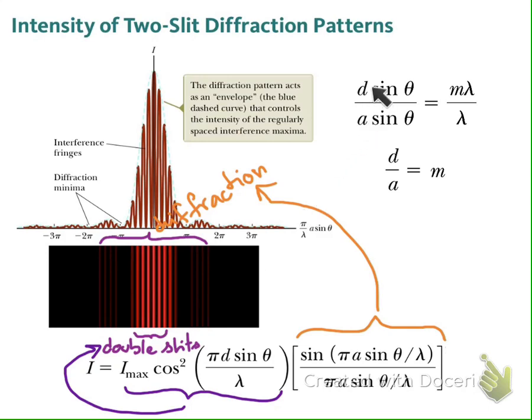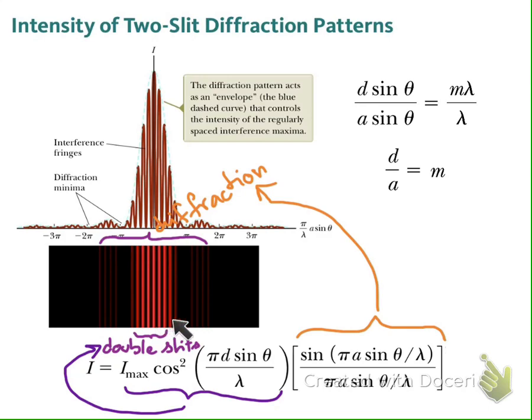So when we divide d sin theta over a sin theta, we get d over a equal to m. This d over a equal to m is the number of interference fringes from the center point to the center of the first dark fringe.